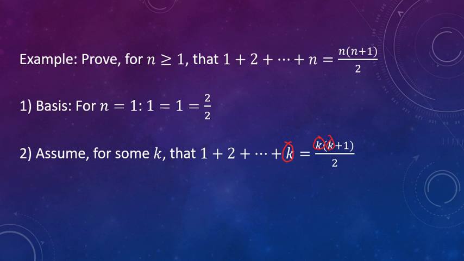Actually write out 1 plus 2 plus up to k is equal to k times (k plus 1) all over 2. Make that substitution and just say assume for some k that this thing is true. And this is all that our second step is. It's just writing one sentence. There's no math you have to do. It's just write one sentence.